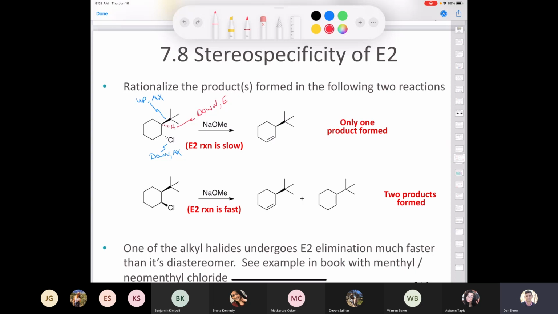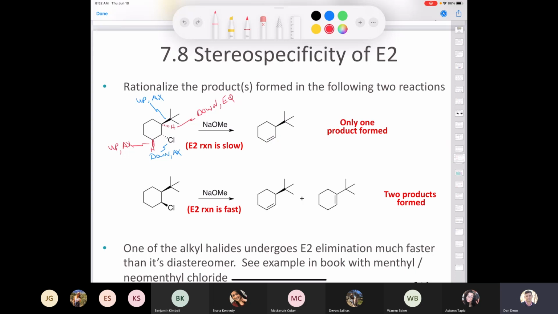The only proton where elimination could occur is going to be this one here that's pointing up, with this hydrogen, because it's going to be up and axial. So that means the elimination is going to occur here to make this double bond, and that's going to be the only product.